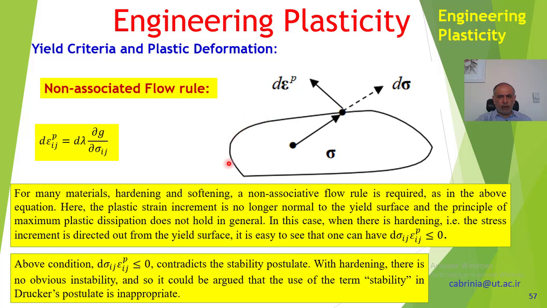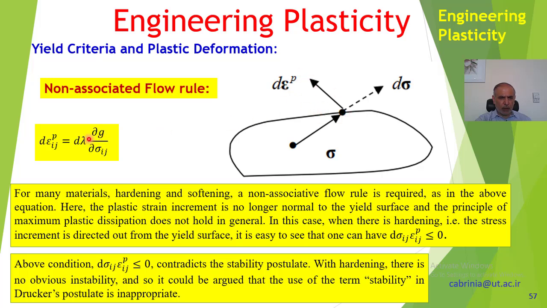F is the yield surface, and g is another function which is not related to the yield surface. So that's why we say non-associated, because it's not associated with the yield surface. And in this case, the epsilon p could be inclined at other angles than 90 degrees. So it doesn't have to be normal to the surface, because we don't have the surface here.